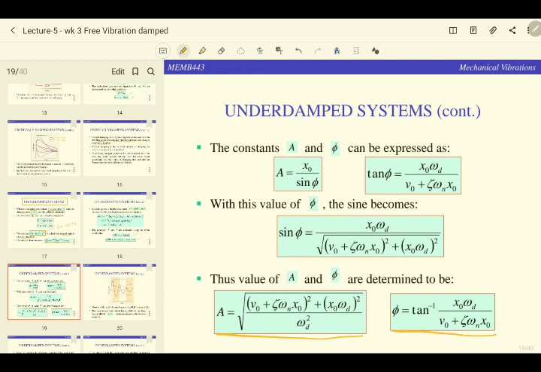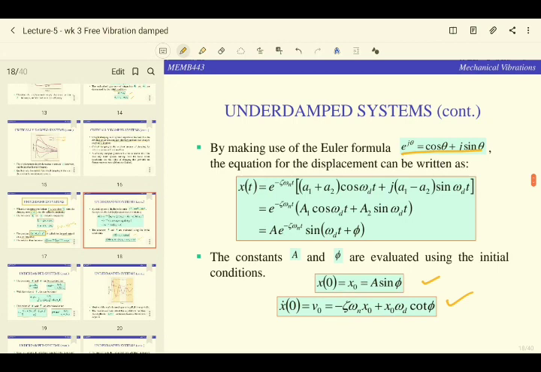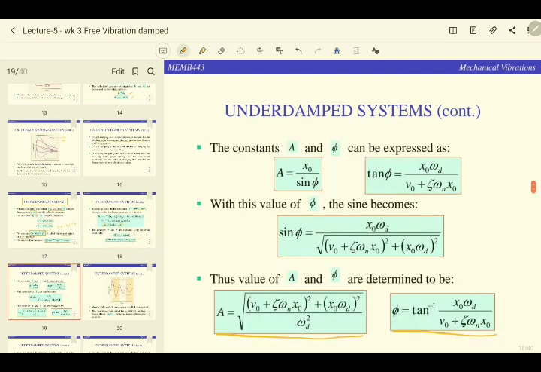You can substitute back into the original formula x(t): substitute your A, your omega n, and your phi, using the initial conditions to find A and phi.